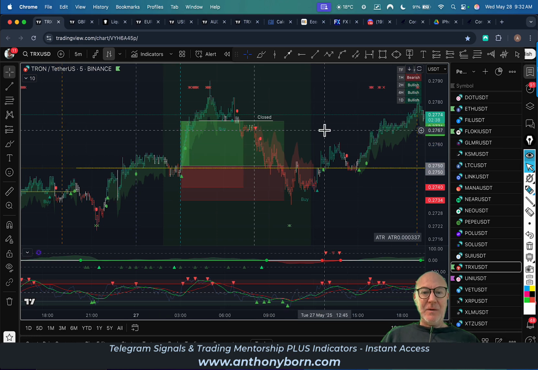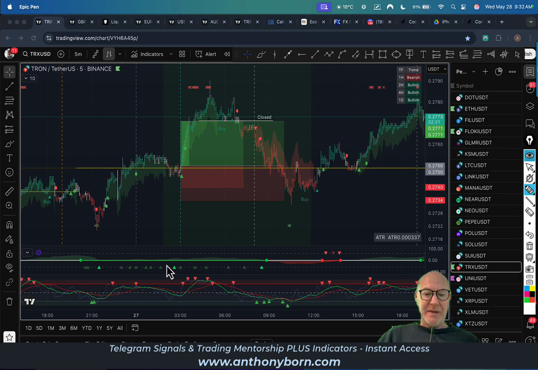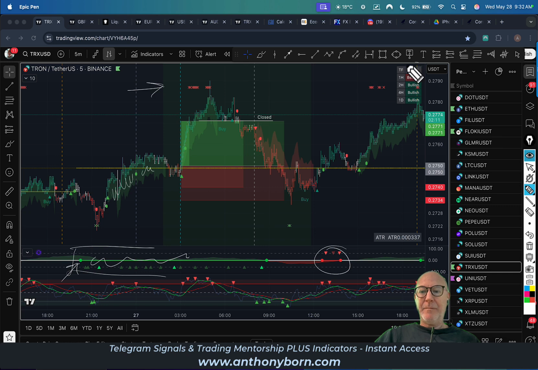Okay, so what we're looking for, if you want to trade this yourself, you can gain access to the indicators. When that is green after this dot, you can see the green line here, and then you get a red line over there, that's fairly strong, and then you get these green candles and this green shade under here, and this green kicks in. This is the higher time frame, multi-time frame trend.